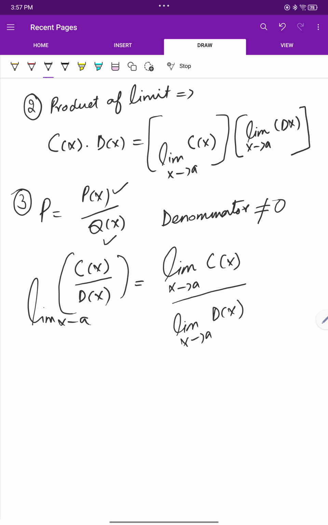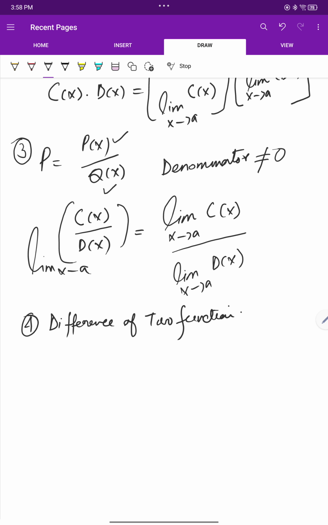Number 4 is the difference. A difference of two functions. How are you going to apply the limit when there is a difference between two functions?